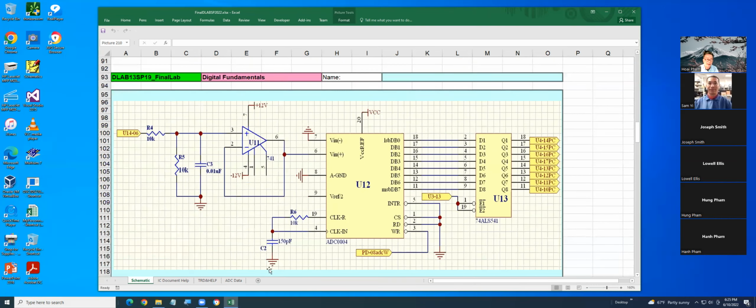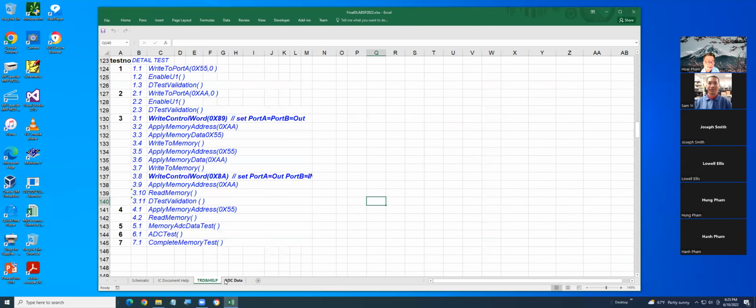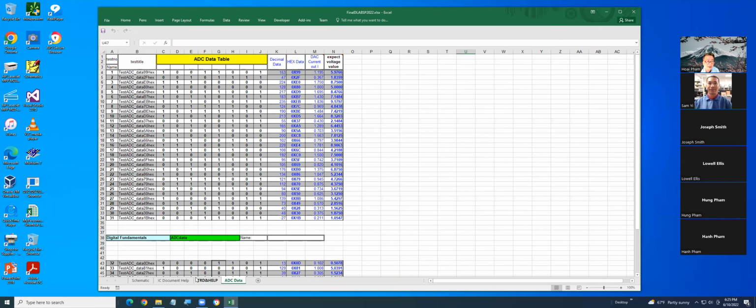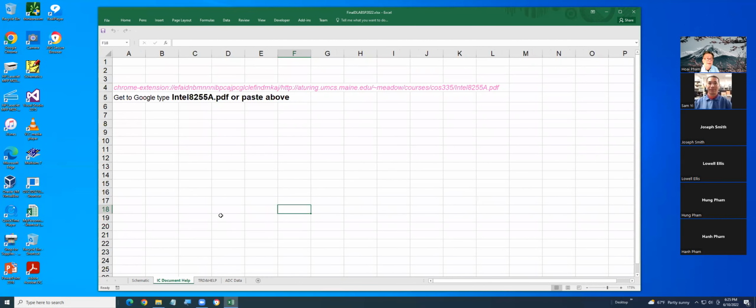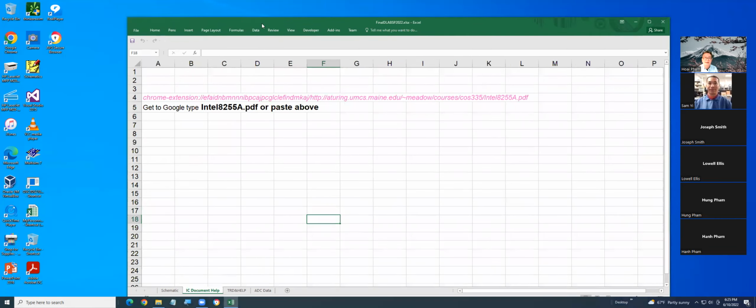Okay, now today I want to talk to you about the IC 8255. Here, you don't have a data sheet. I will update later on.